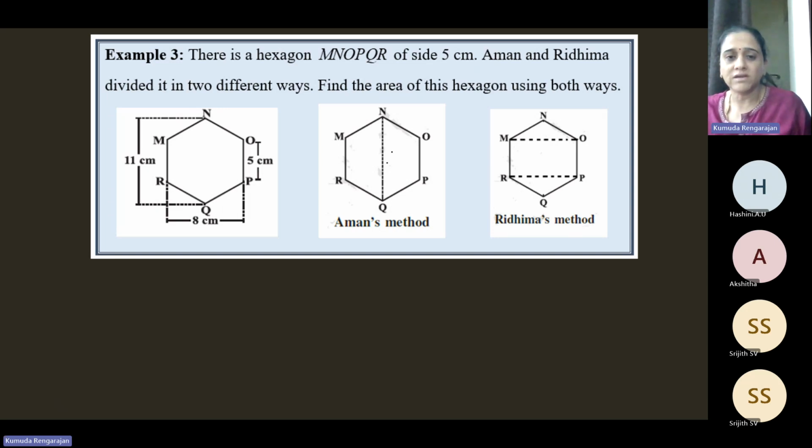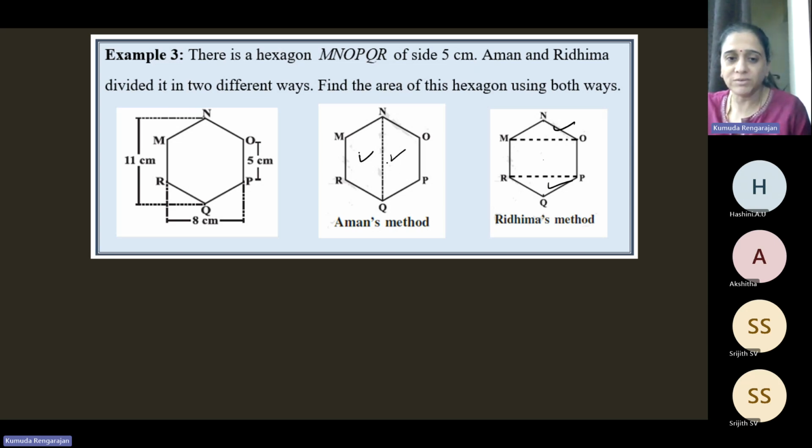So Aman, what has he done? He's connected NQ and he's divided the hexagon into 2 trapeziums. Ridhima has connected MO and RP, and she has divided the regular hexagon into 2 triangles and 1 rectangle. So how will Aman find the area of the regular hexagon?